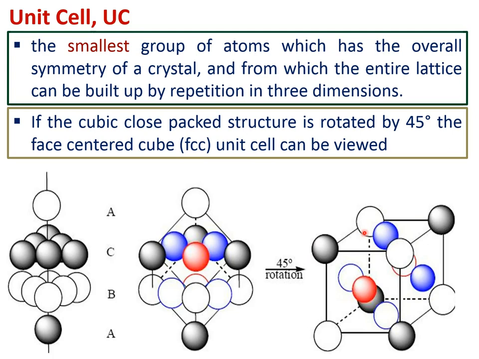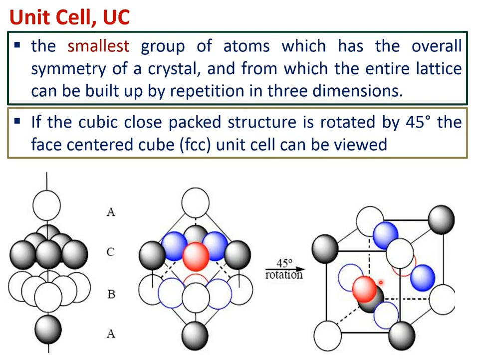Okay, so by rotation here you can find the structure is like the one here. So 8 atoms are located at the corners of the cube, and 6 atoms are located at the faces of the cube.